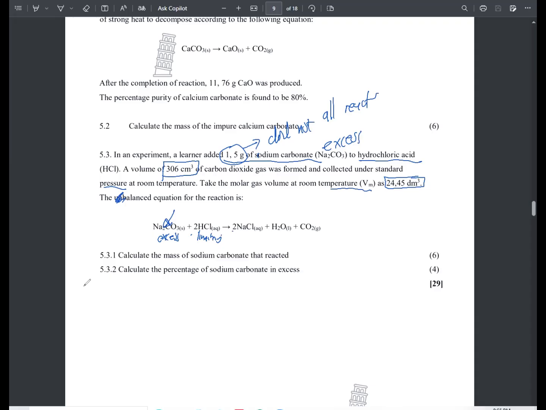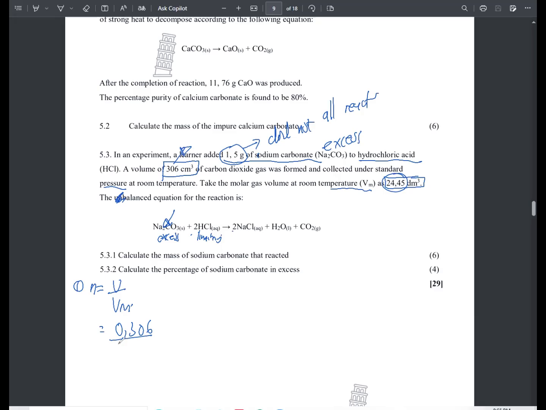So our first step, step number 1, calculate the number of moles. We're going to ignore that one and go for the product that was produced, which we are also given. So our first step will be the 306 centimeter cube. It's not in the desired SI unit, so we must convert it to dm cube. 306 divided by 1000 gives 0.306.